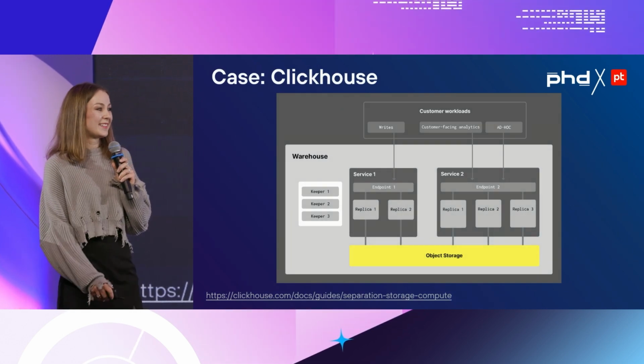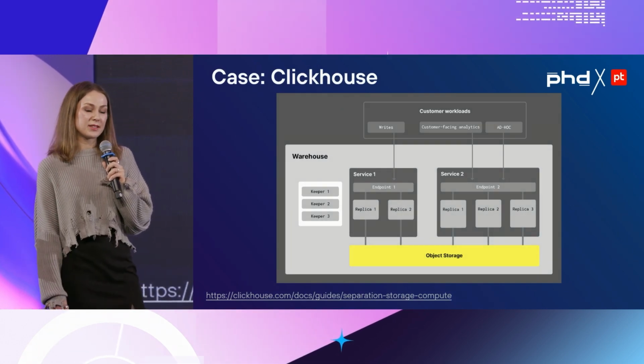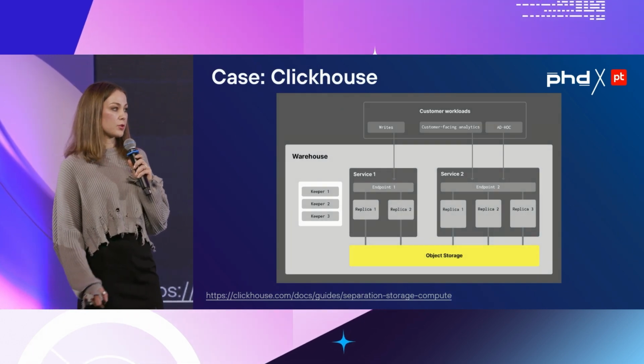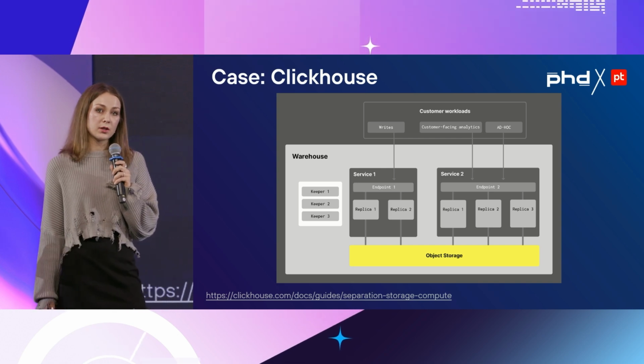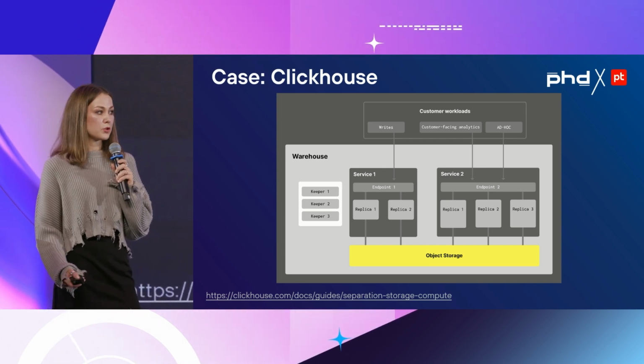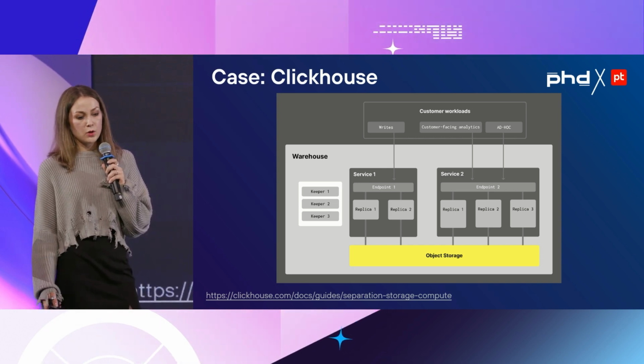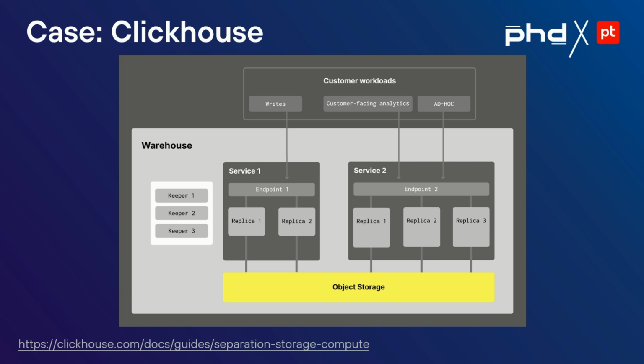And going back to ClickHouse, actually, they are trying to go into separating compute and storage. But you've got to understand that when ClickHouse was created, it was about working with local disks and MergeTree engines, and moving to a different architecture is really complicated.